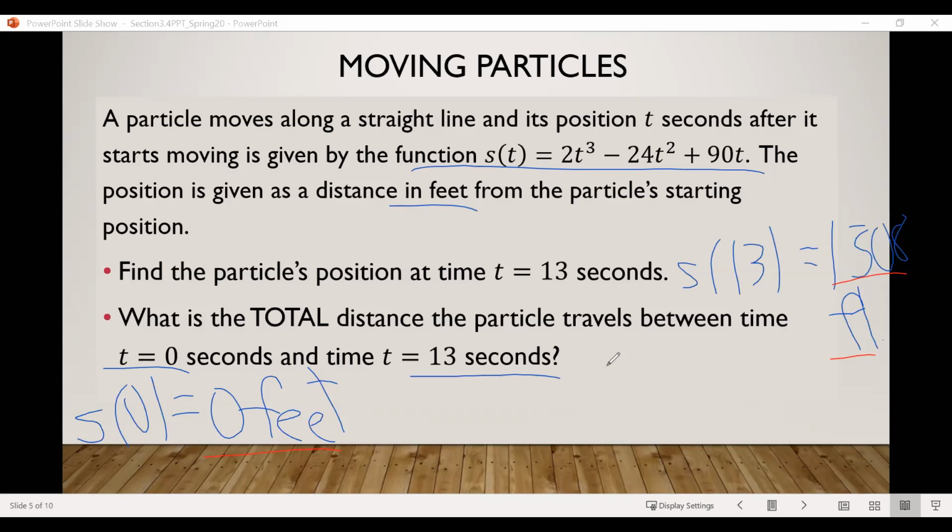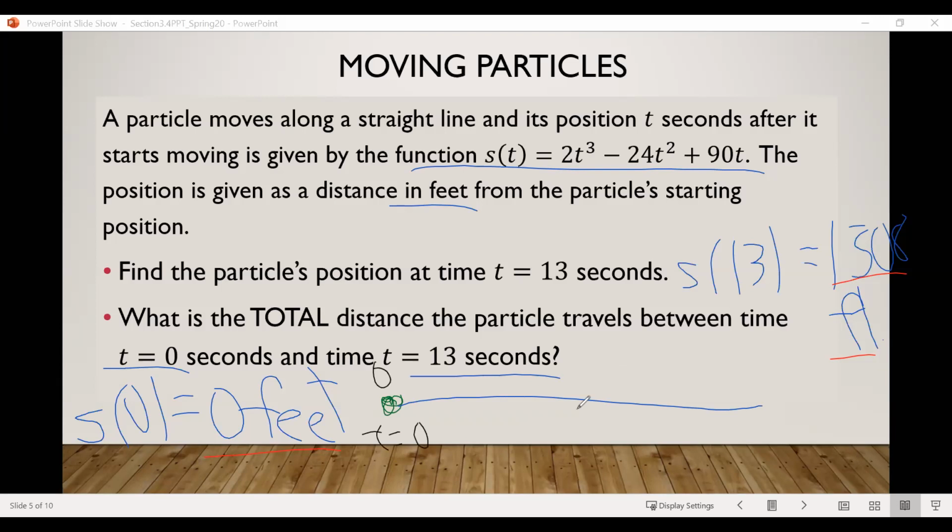Well, let's start with our picture again. And we had that spot where the particle was starting, and then it was moving along a line to the right. And we know that starting point, that's when t equals 0. So that's at 0 feet.